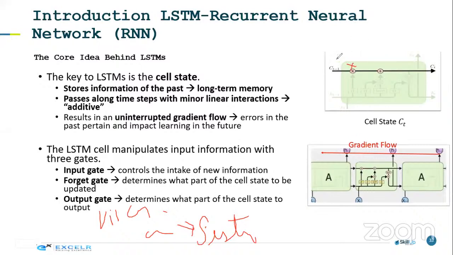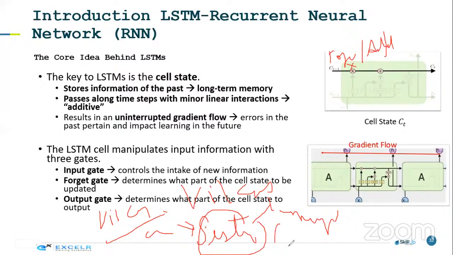Once I change the context, I have to forget something, and I have to add a new thing. What new thing will I be adding? That there is a sister also, and her name is, say, Maya. So that thing I have to add, and I have to forget some of the information. But still I will be retaining some information. I am not completely forgetting who Vikas is. But because I am talking about Vikas, and now I introduce a new context, this is what is called a change in the context.